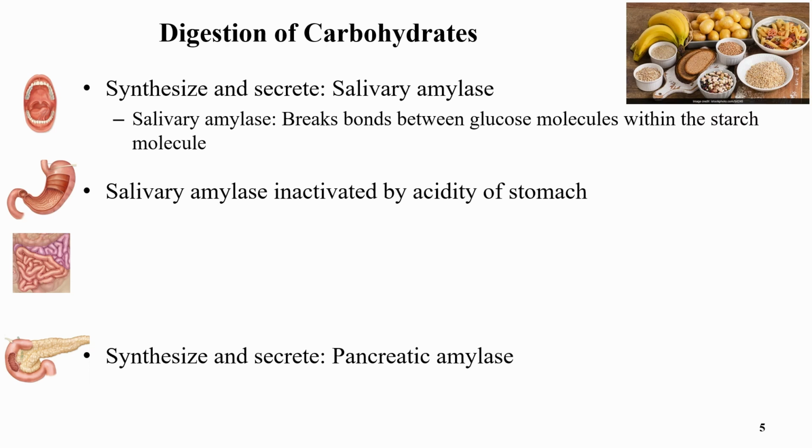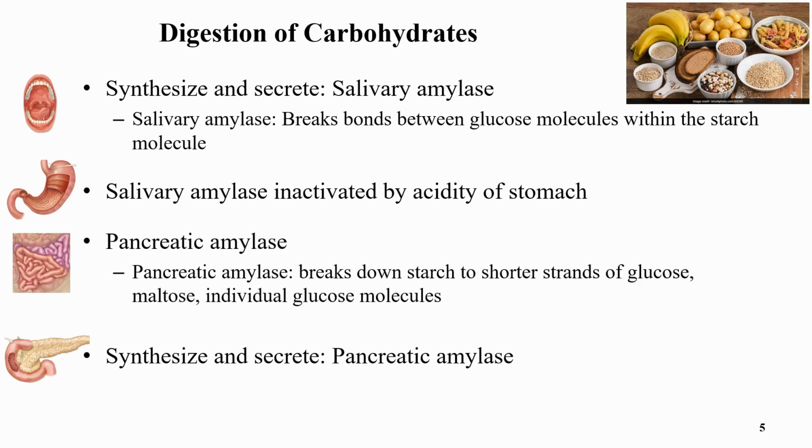Even though there's a large intestines, in terms of area, the largest area is in the small intestines because of the folds, the villi, and the microvilli. And so the pancreatic amylases have a much longer exposure to the carbohydrates, and they do the heavy lifting here.